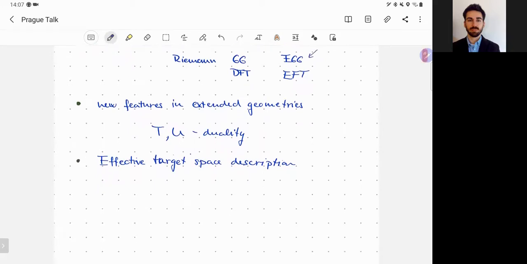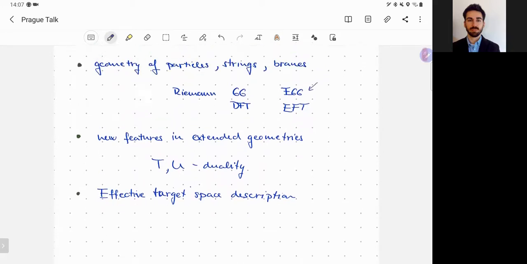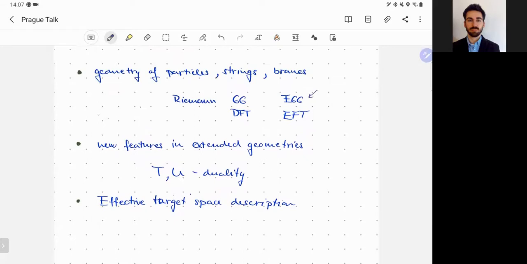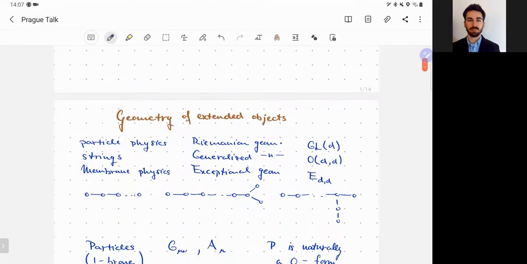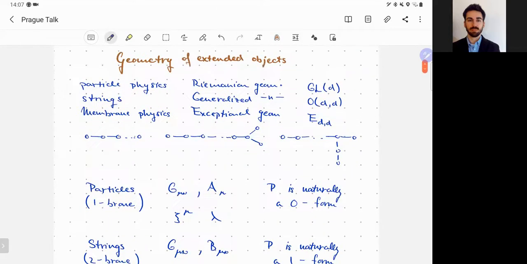And the last thing I'm gonna talk about is that these were just the tropes of the space, but upon second quantization and looking at the target space effective field theory, we have these theories of gravity and supergravity and M theory for branes, and they also inherit this extended geometry as an underlying framework. So that's what I'm going to talk about. Let's move to the first slide. Unless there's any question, I should probably ask that from time to time and slow myself down. If that's not the case, then I'll start.